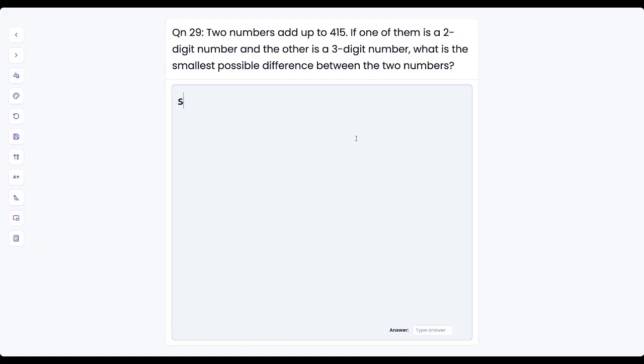Okay, so the smallest possible difference is where, because we have a 2-digit and the other is 3-digit, we have the biggest 2-digit and the smallest 3-digit.